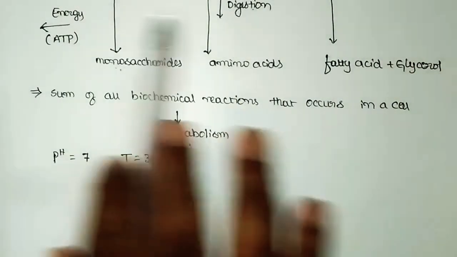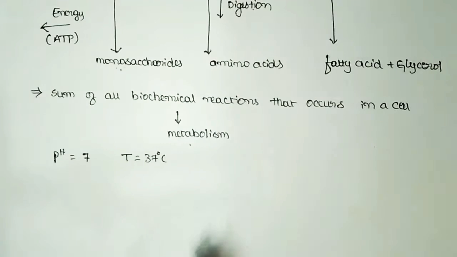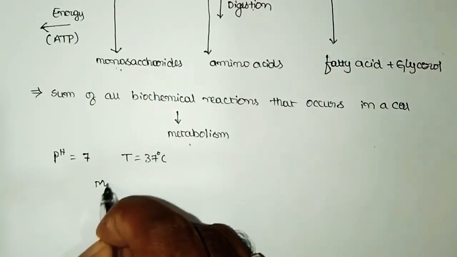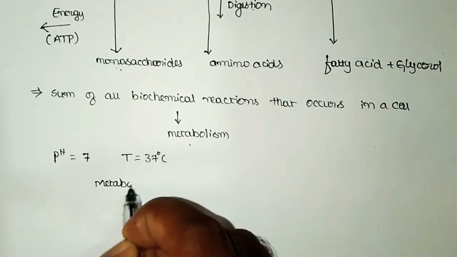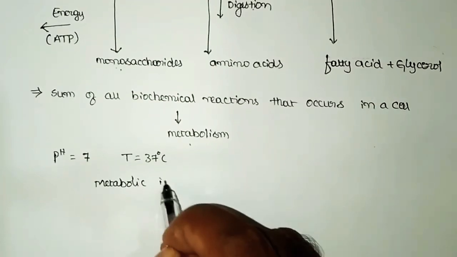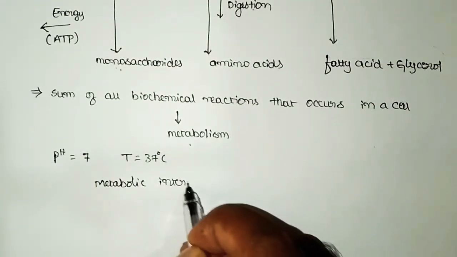We call them metabolic intermediates, which are produced in the pathway of the metabolism.